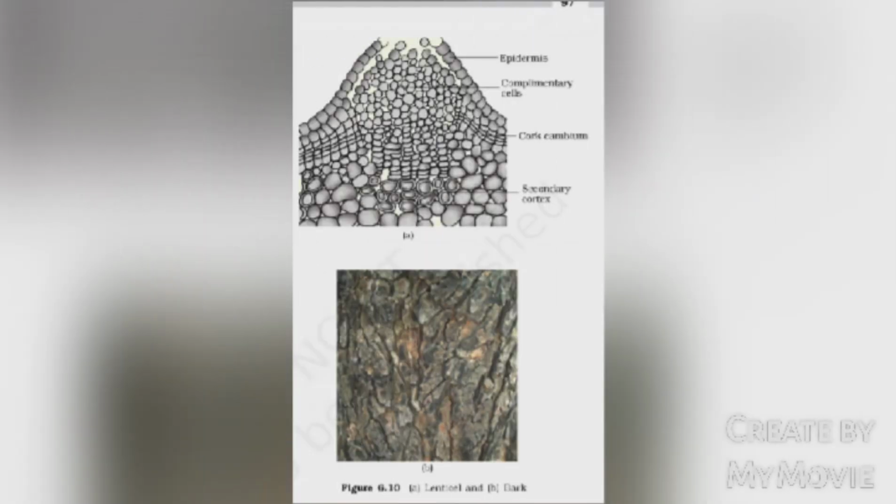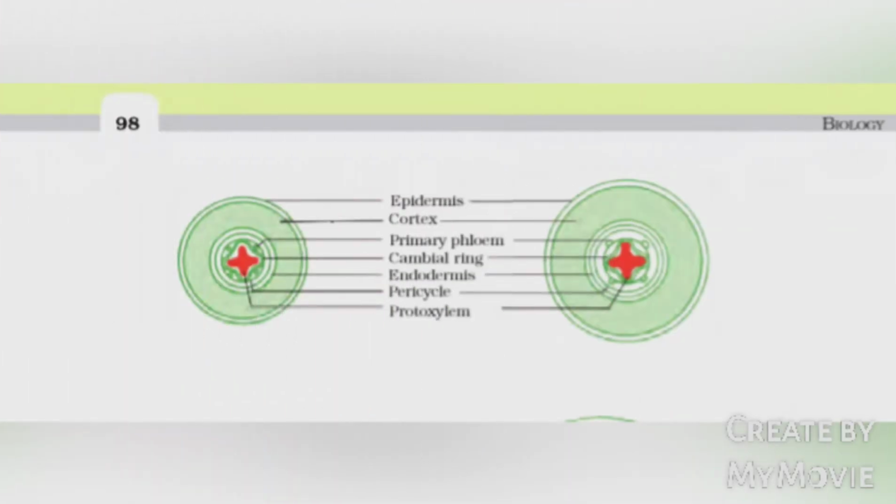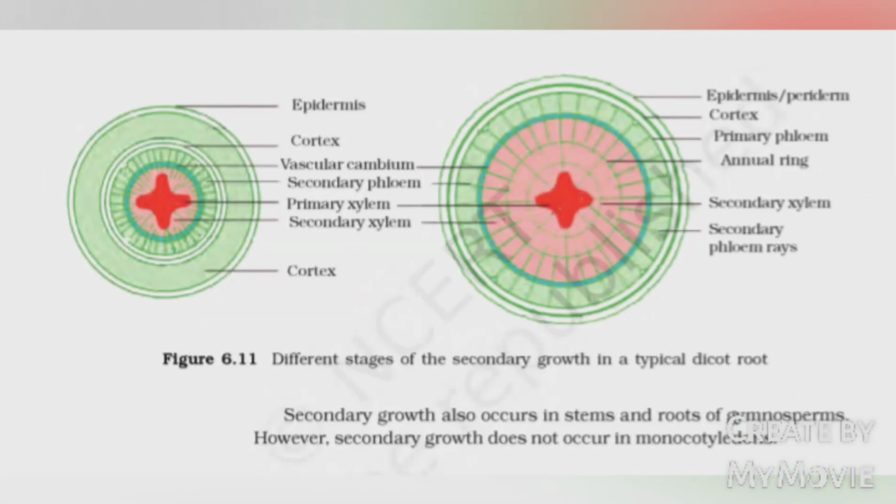Figure 6.10. A. Lenticel and B. Bark. Figure 6.11. Different stages of secondary growth in a typical dicot root. Secondary growth also occurs in stems and roots of gymnosperms. However, secondary growth does not occur in monocotyledons.